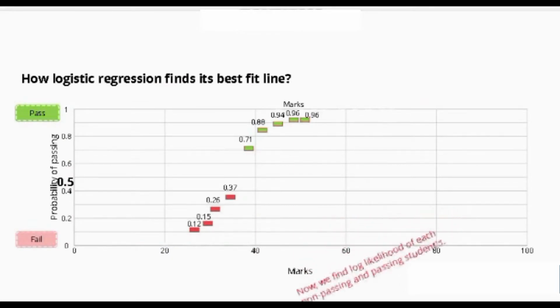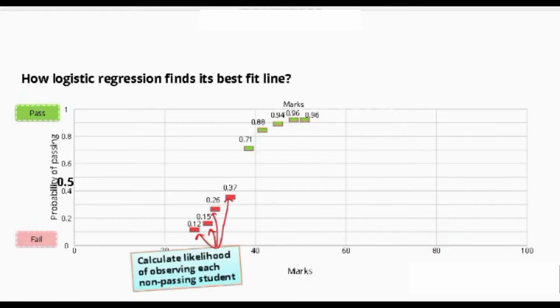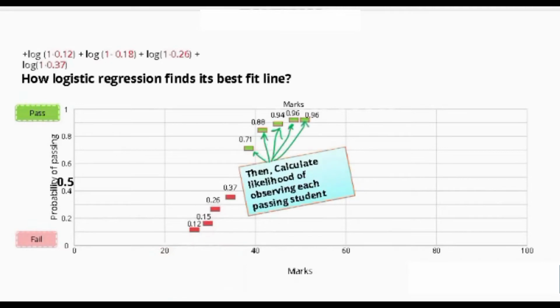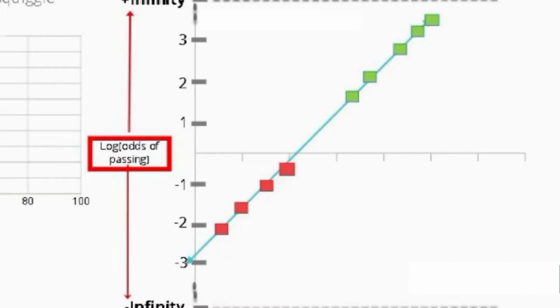First, calculate the likelihood of observing each non-passing student. Then calculate the likelihood of observing each passing student. We will calculate the log likelihood for each observation and sum them all up. We get negative 1.672 as our log likelihood for this line.